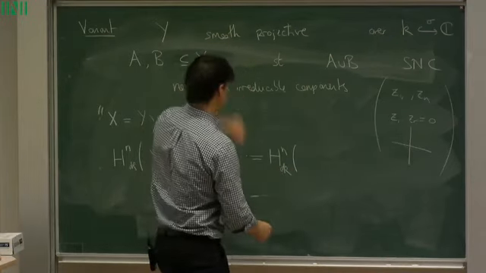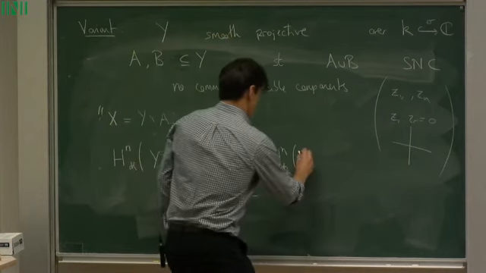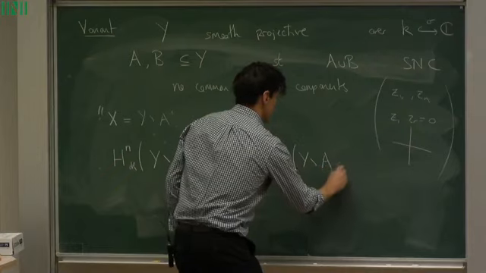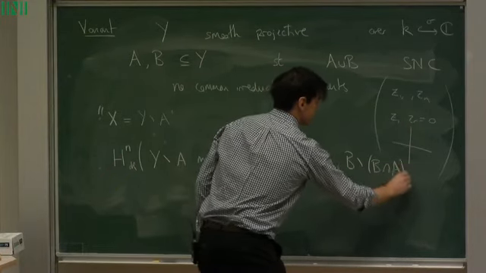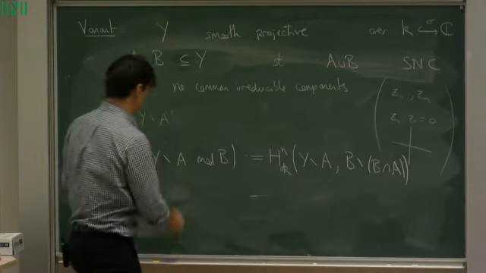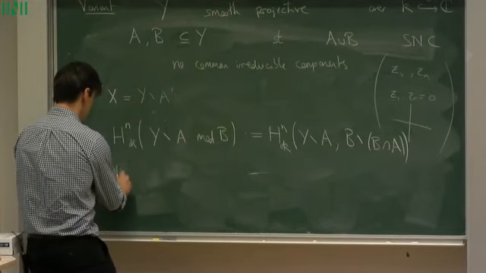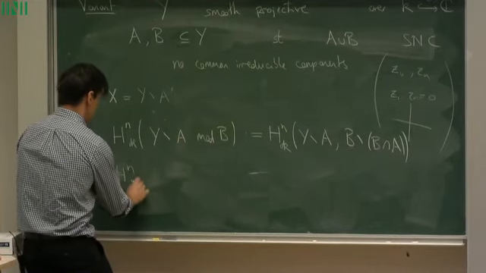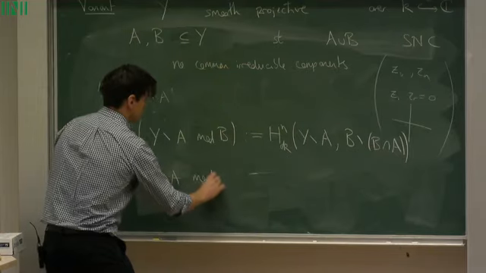You can define it in a very similar way of Y minus A relative to B minus B intersection A. So this is a pain to write down every time, so I'm just going to use this shorthand. And similarly, we can have H^n Betti of Y minus A mod B.